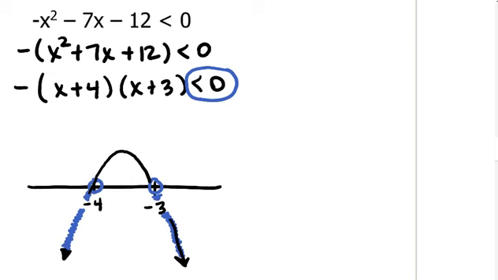And then we trace back and say, okay, which x values are giving us this? It's going to be these, and these. So this is x being less than -4, or maybe greater than -3.